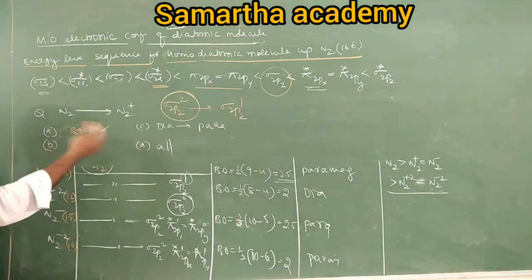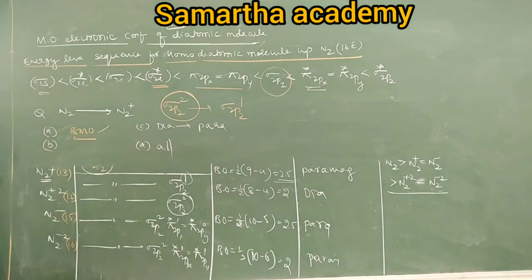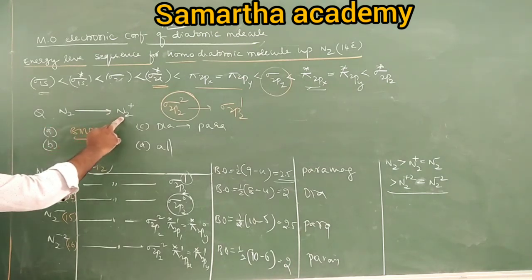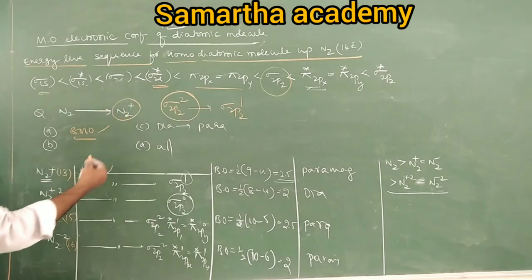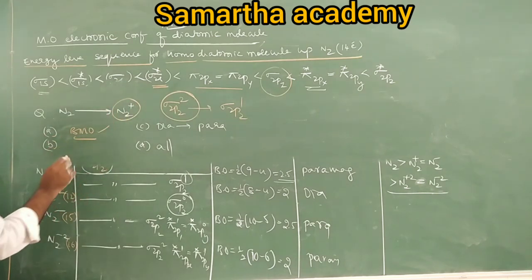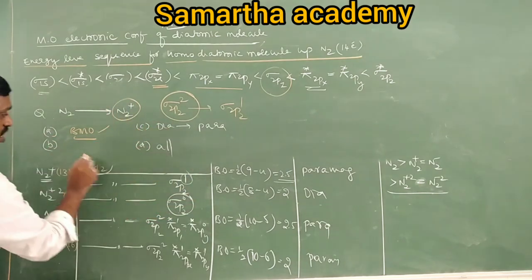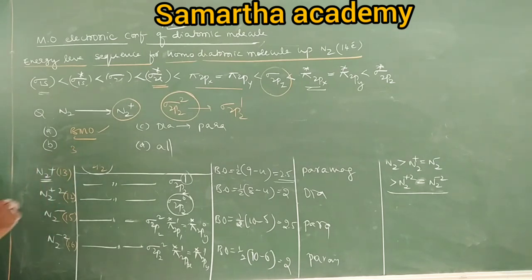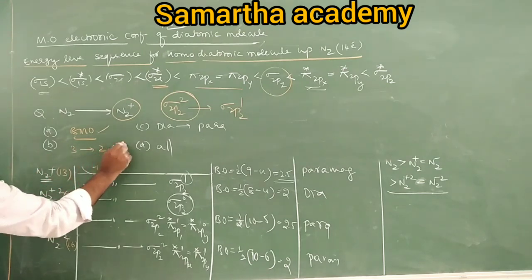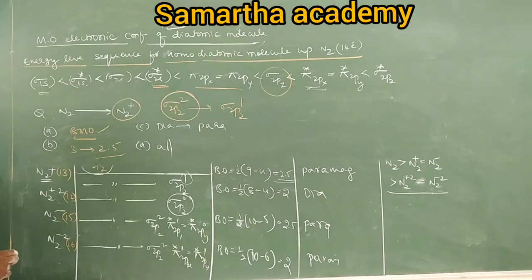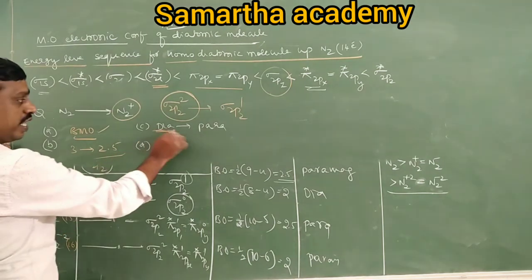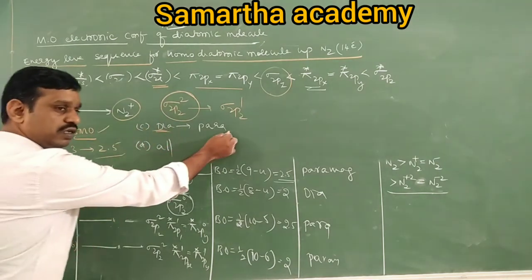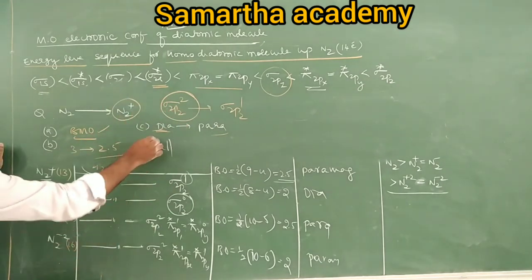When electrons are removed from BMO, the stability decreases. Among N2 and N2 plus, N2 plus is less stable. Bond order initially is 3 for N2, and 3 becomes 2.5, so bond order decreases. It is all correct. N2 is dia, N2 plus is para, dia converts into para. All.